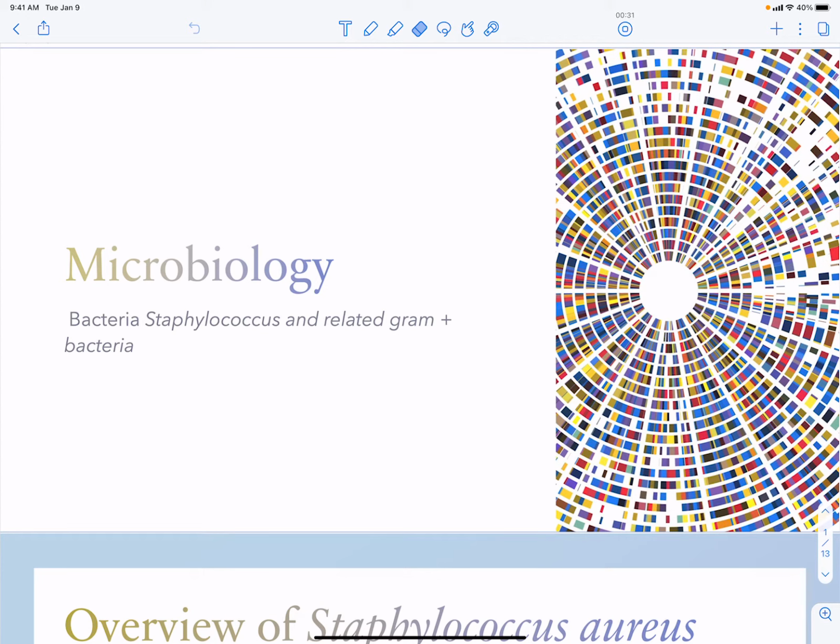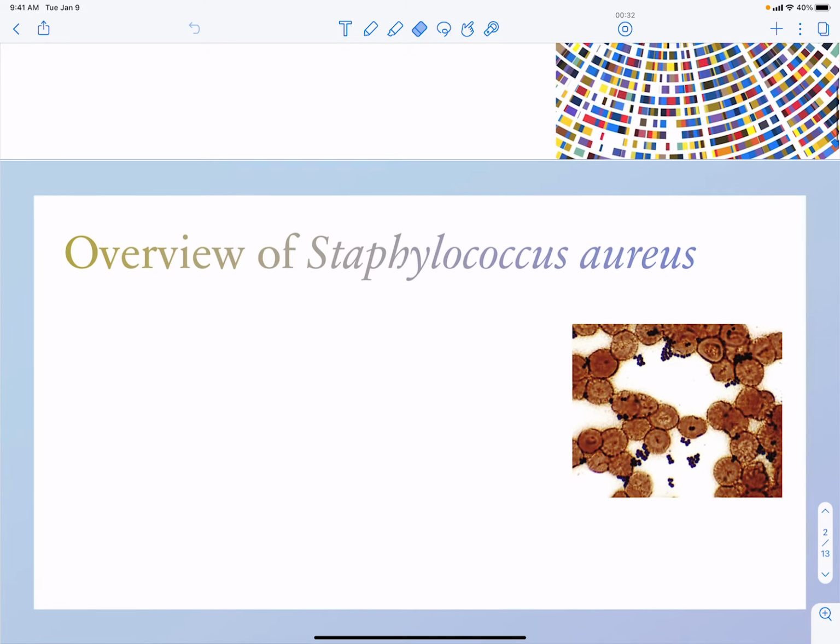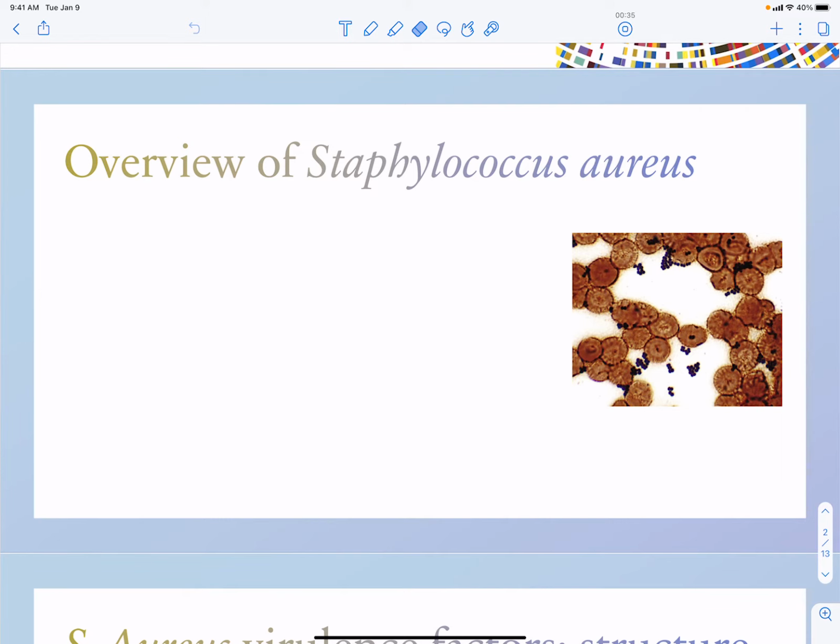Now, Staph is a gram-positive cocci, and it typically will form grape clusters in culture when you do a gram stain.